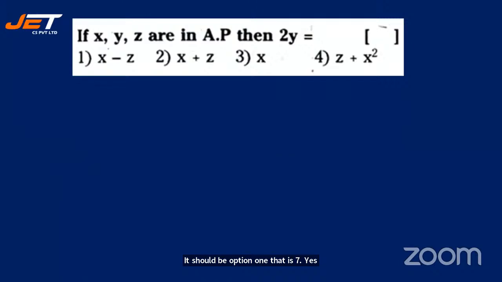See the next question. If x, y, z are in AP, then what is 2y? Yes. Quickly give me the answer. What is 2y? Yes.